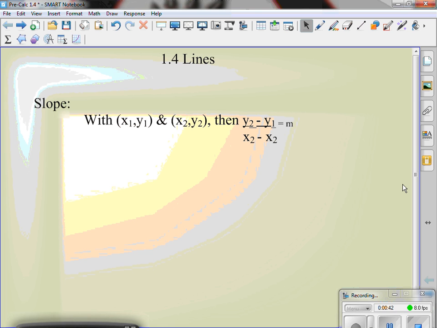You take your change in y's divided by your change in x's. You just mentioned this is the same thing as finding what d was, find the difference. Slope is d. You're going to find a lot of the things we're going to do in this section tie into sequences, especially.